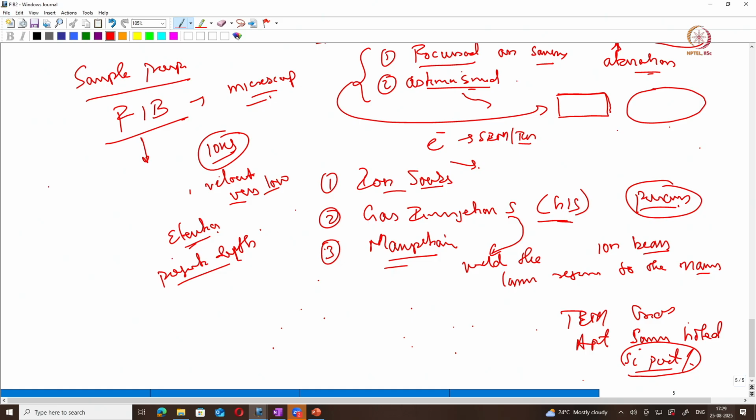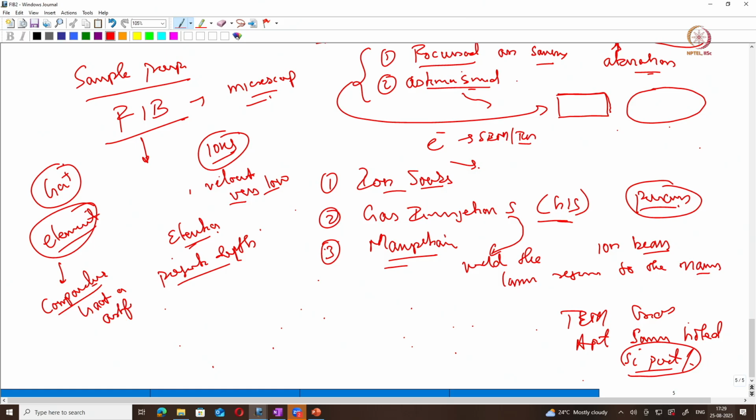In FIB you use a gallium source. Nowadays, as I told you, with certain elements the gallium can actually interact and form compounds which are detrimental or act as artifacts. Sometimes gallium implantation also leads to brittle fracture of samples during field evaporation. This is due to the interaction of gallium with those elements.